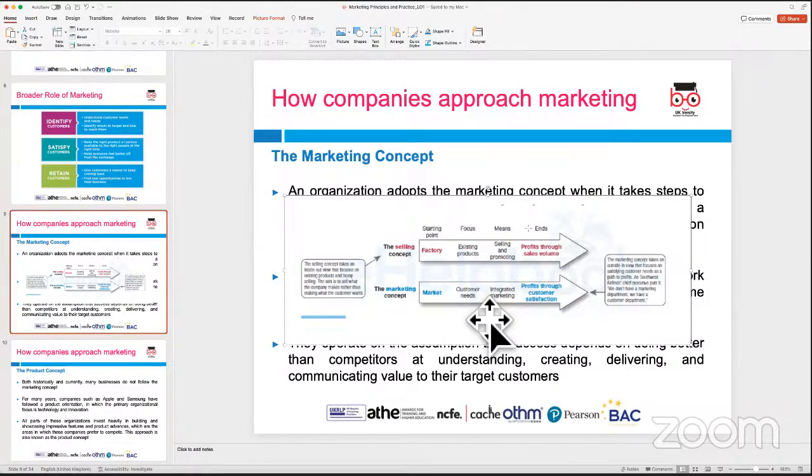Now, when Apple brought out the iPhone in 2007, one of the things that it identified by market research, when Steve Jobs launched the iPhone, was that customers wanted to do multiple activities on the phone. That means take a picture, send an email, talk on the phone, or reply to a text message.